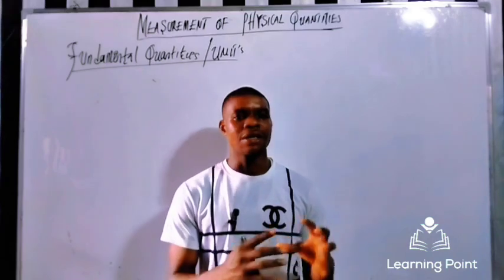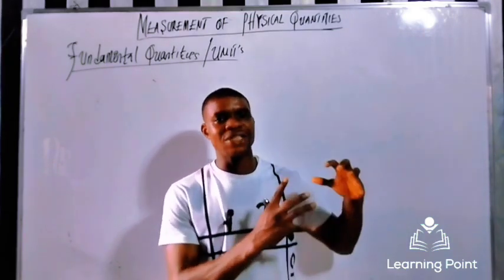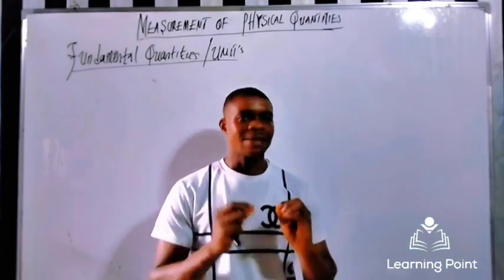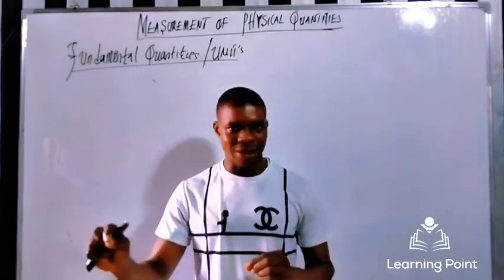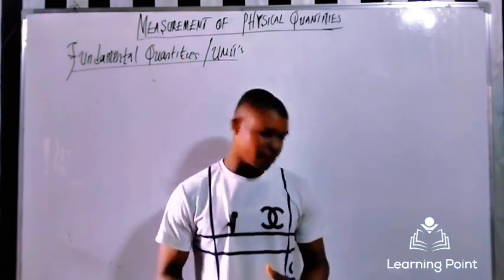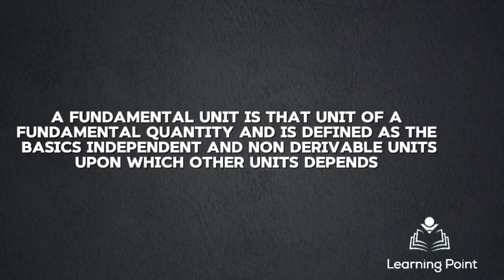If you are going to learn physics throughout, you don't learn physics without talking about all these quantities. Do you understand? Now every fundamental quantity has its own fundamental unit. So what is a fundamental unit? A fundamental unit is the unit of a fundamental quantity, and it is defined as the basic, independent, and non-derivable unit upon which other units depend.